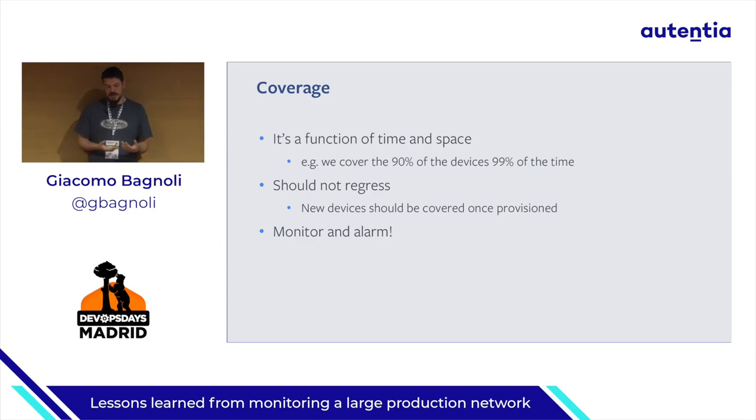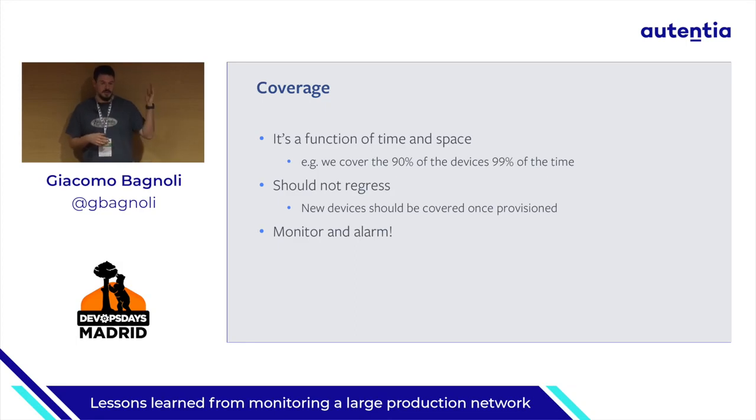Availability is easy to reason about when you have an API or an HTTP endpoint, where your service is up or not up, and you can measure how much it has been up during a period of time. We do the same by looking at whether we produce data for a particular device in that time. So it's a function of both space and time. We monitor this, and we make sure it doesn't regress over time.